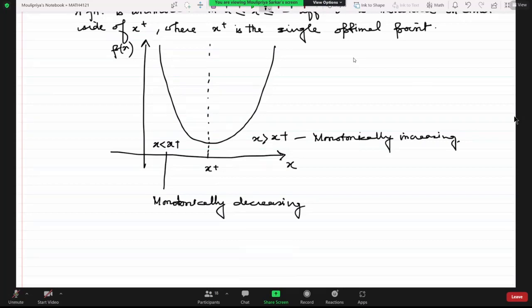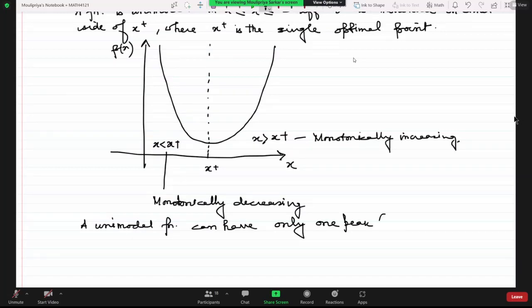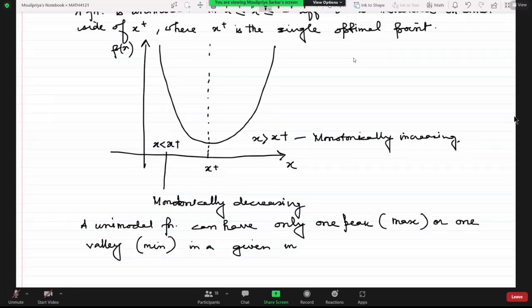What I'm trying to say is a unimodal function can have only one peak, that is maxima, or one valley, that is minima, in a given interval.